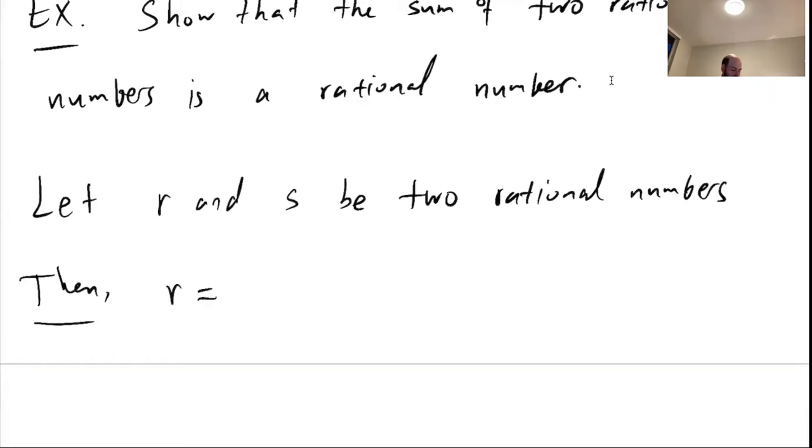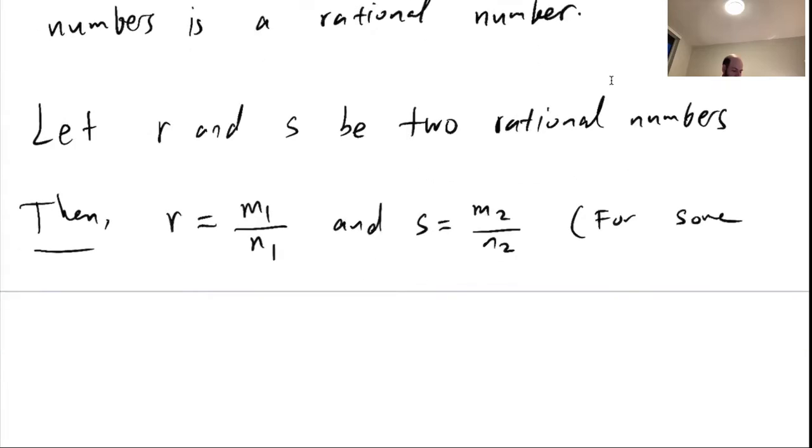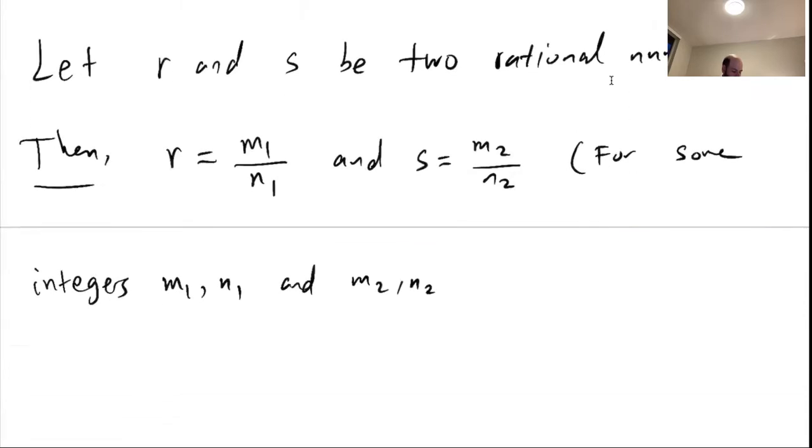Then R can be written, let's say, in the form M1 over N1, and S equals M2 over N2, for some integers M1, N1, and M2, N2, and N1 not equal to 0 and N2 also not equal to 0.